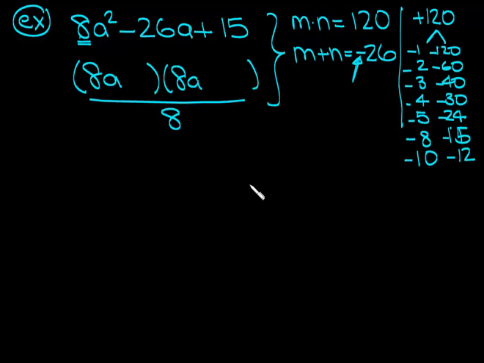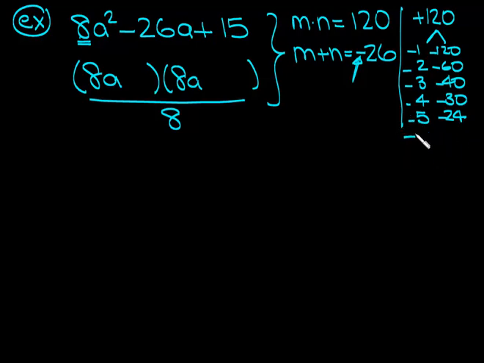It's going to be, let's see, not that one. Did I miss one? It's 20 and 6. Where's that? Oh, I missed a 6 here. Shoot, my bad.